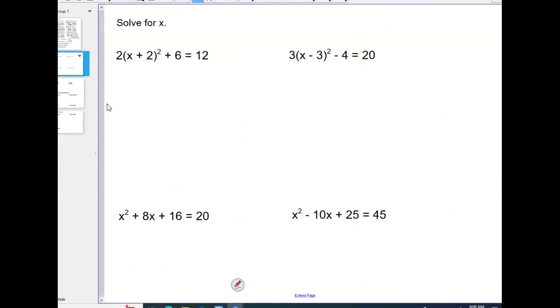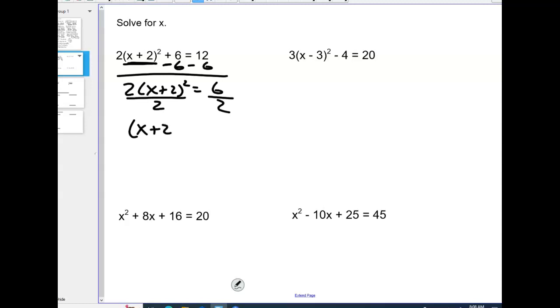All right, the top two problems here, the key is getting the parenthesis alone. That's what everything's based on here. So I subtract 6, and I get 2 times x plus 2 squared equals 6. I divide by 2, so the 2's cancel, and I'm left with x plus 2 squared equals 3.